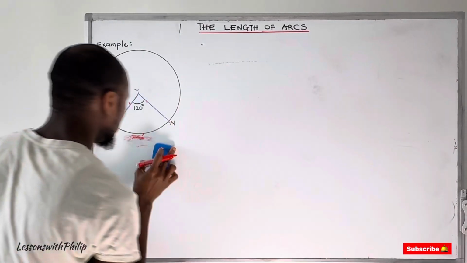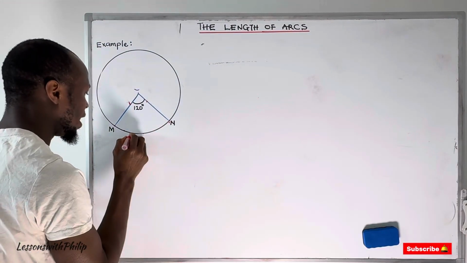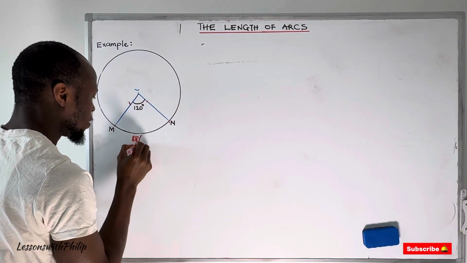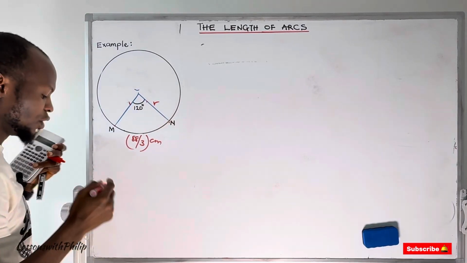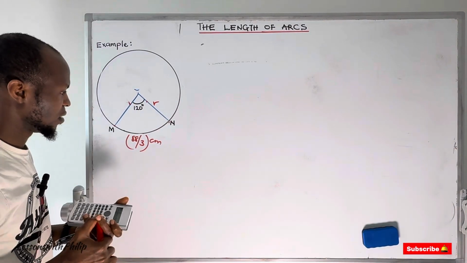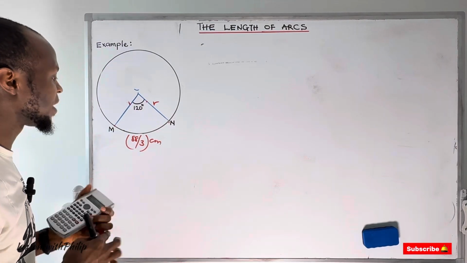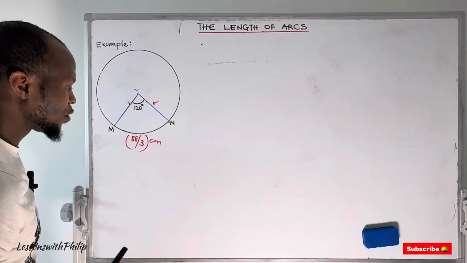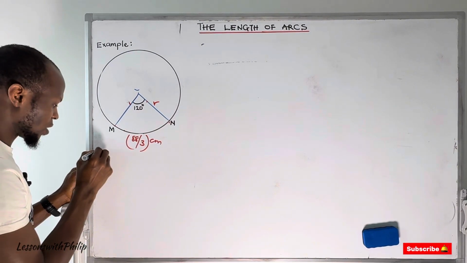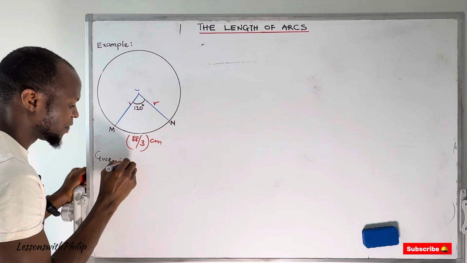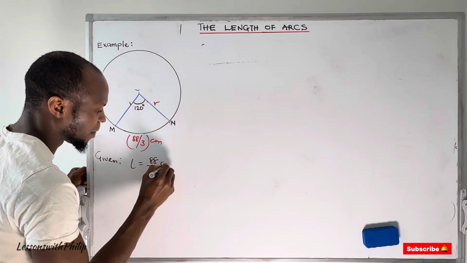Assuming that this length of an arc is given to be 88 over 3 centimeter, and we have to find the radius of this circle. Well, how do we get it? Don't forget, we're given the length of an arc to be 88 over 3 centimeter.